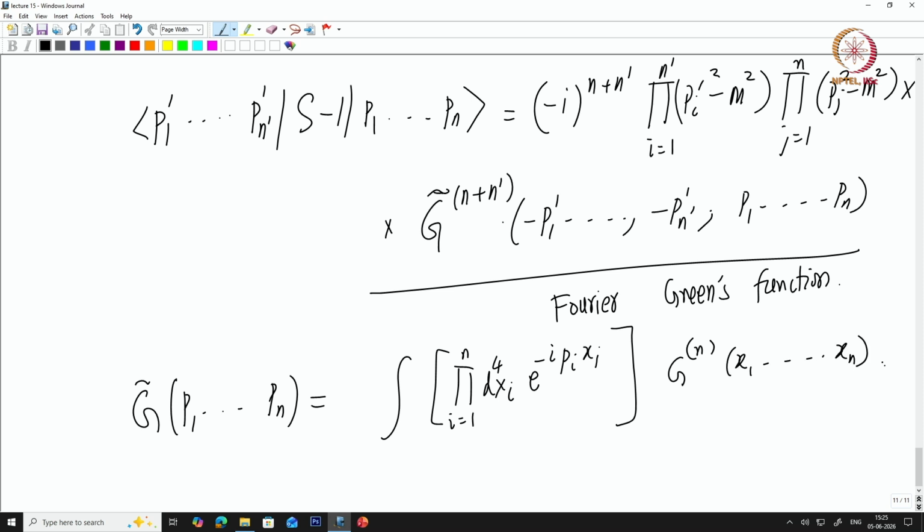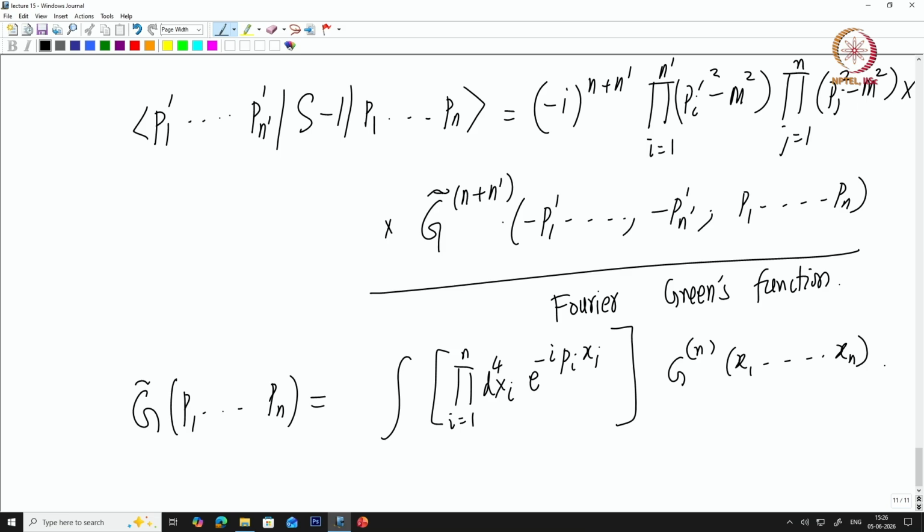So you take the Fourier transform of the Green's functions, that is what we do essentially, and when you calculate it, putting everything in terms of this mass shell, you end up having the S matrix elements essentially.